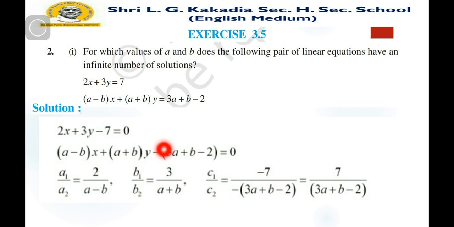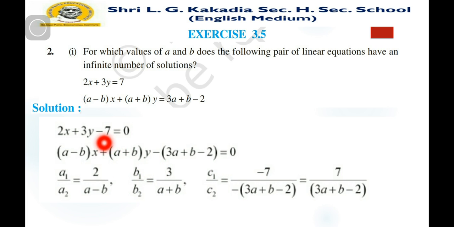Now comparing with the standard form of a pair of linear equations, we get a1 is 2 and a2 is a minus b, so the ratio a1 by a2 is 2 by a minus b. b1 is 3 and b2 is a plus b, so b1 by b2 is equal to 3 by a plus b.